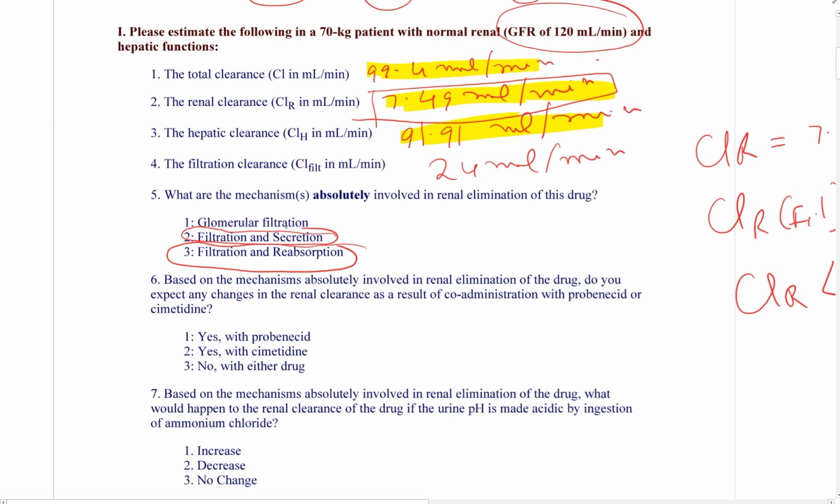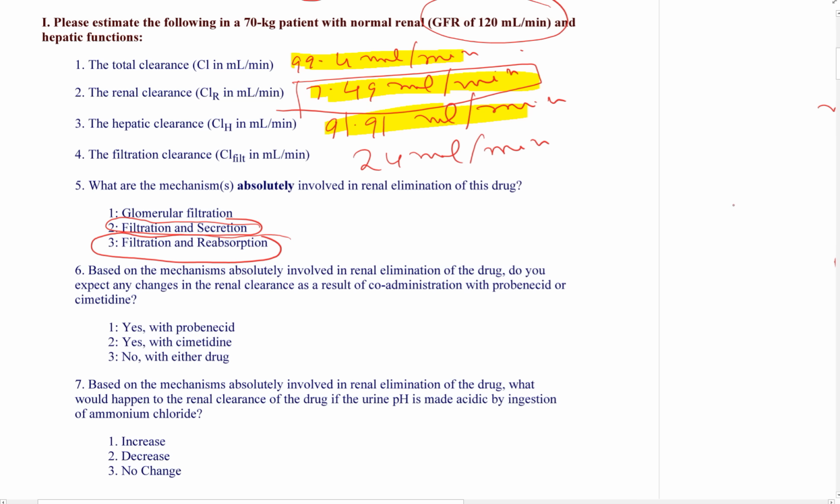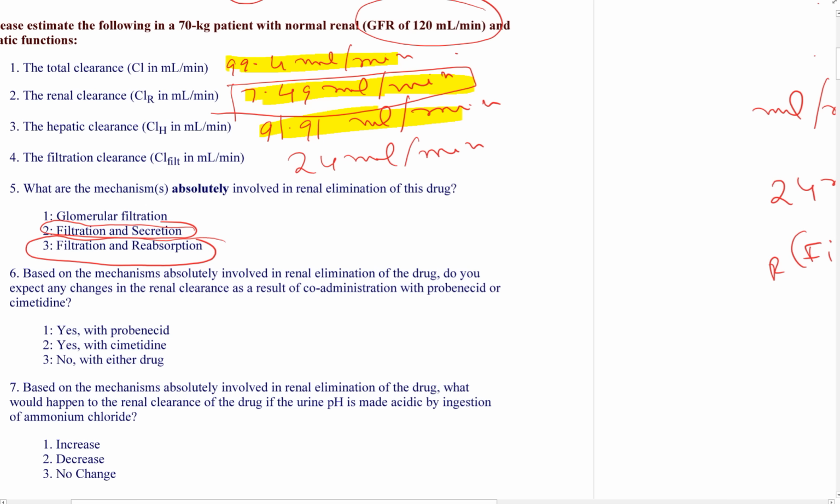Or maybe there is a question like this. Based on the mechanisms involved in renal clearance, do you expect changes in the renal clearance as a result of co-administration of probenecid and cimetidine? The question is asking you to answer based on the mechanisms involved. The mechanisms involved are filtration plus reabsorption.